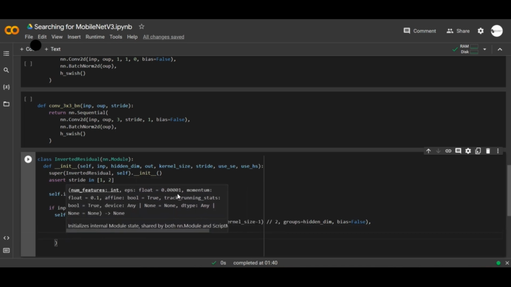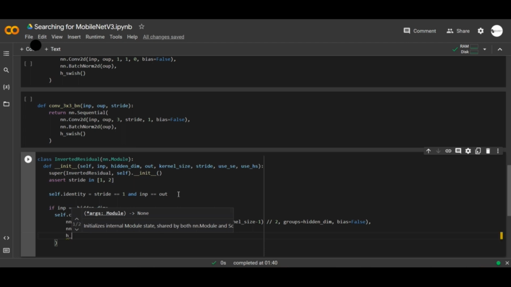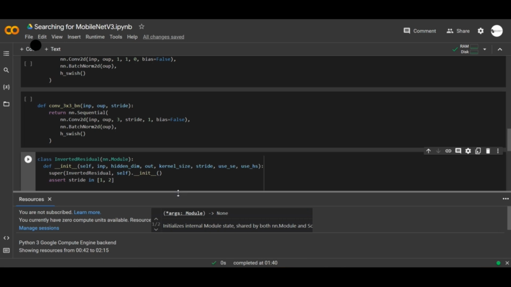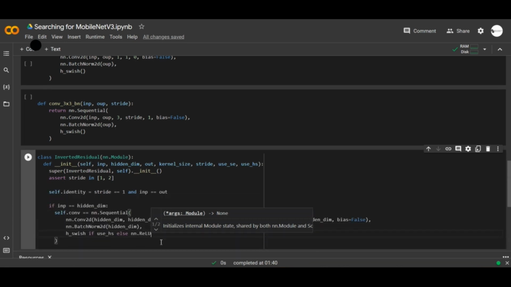Then we're gonna apply the switch: hard switch if use hard switch, else nn.ReLU with inplace equals true.